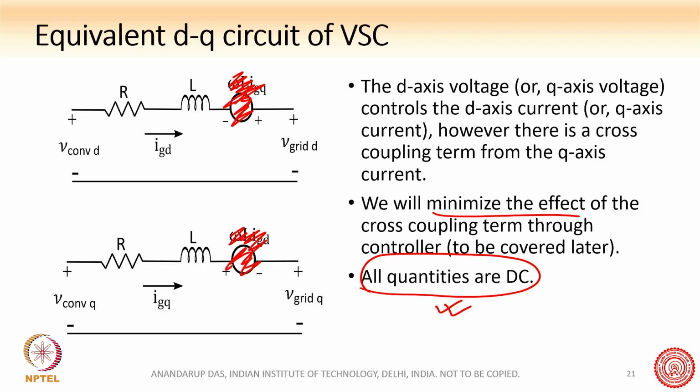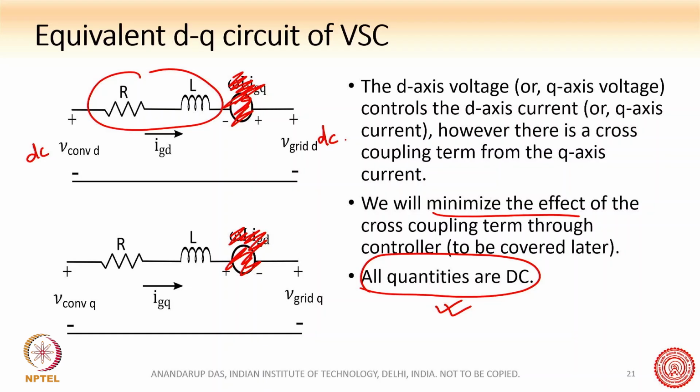How we will do it, we will see later. But suppose by some trickery we nullify this effect, then what do we have in our hand? A very simple RL circuit.